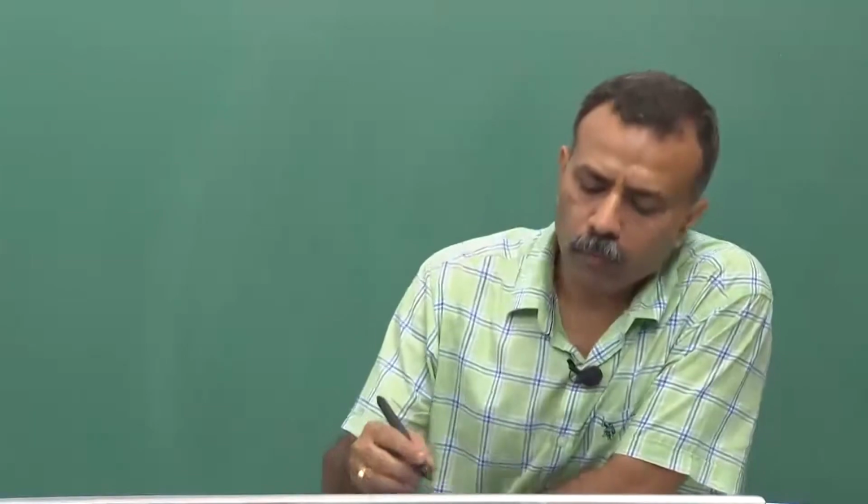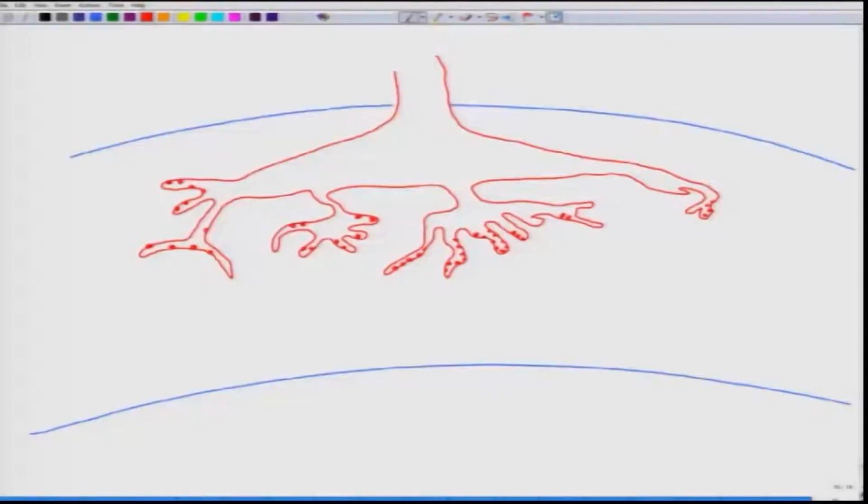Now, suppose a signal arrives here, a train of action potentials arrives here. What you see at the ends of this neuron are synaptic vesicles.